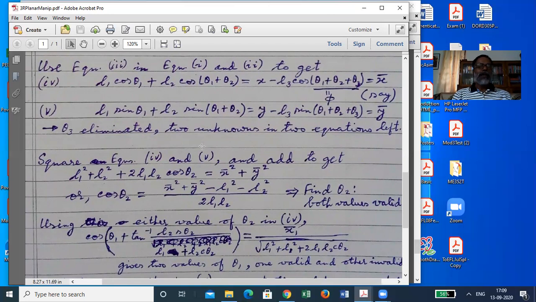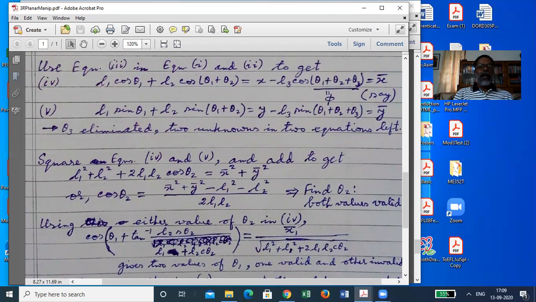Square and add is a standard technique in such robot kinematics or mechanism kinematics in general. You get L1 square cos square theta 1 plus from here, L1 square sin square theta 1. So together L1 square. Similarly, L2 square cos square, whatever angle, plus L2 square sin square, that angle.